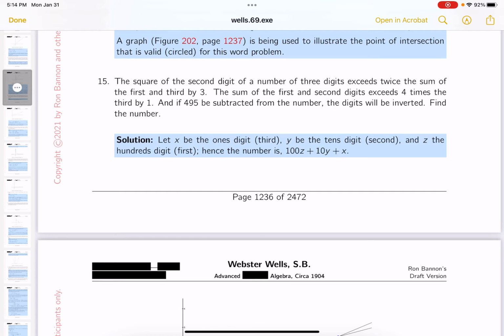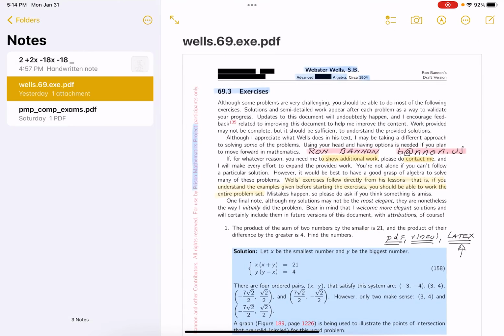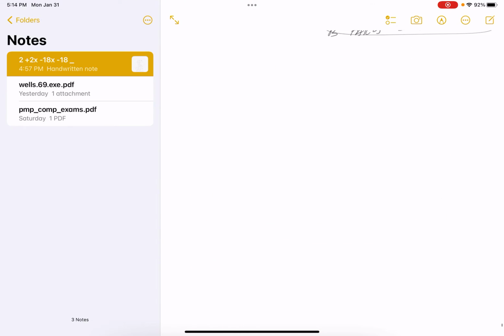What I'm going to do is go to my paper and pencil, which is a whiteboard for me. I'll blow this up a little bit, and let me start. This is number 15. It says, the square of the second digit of a number of 3 digits.